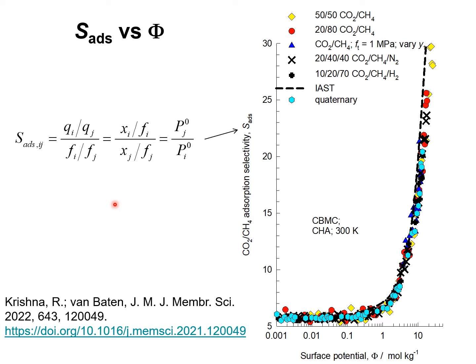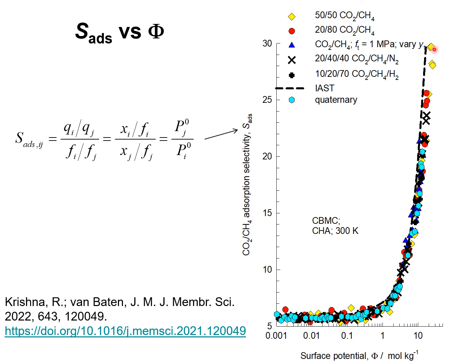In order to test the conclusion reached in the previous slide, that the adsorption selectivity is uniquely related to the surface potential, we carried out configurational-bias Monte Carlo simulations for a variety of mixtures.